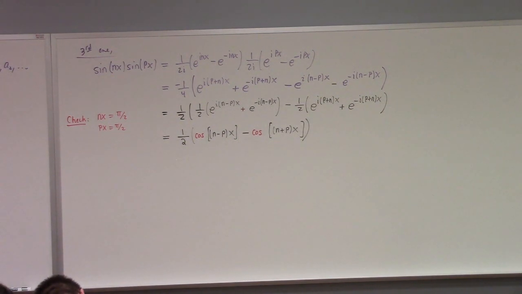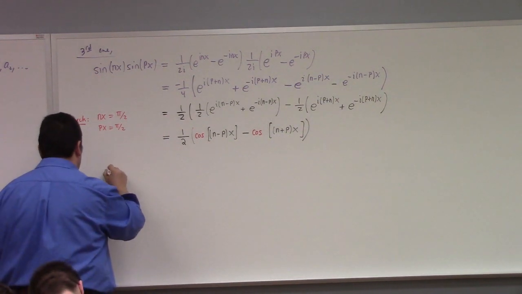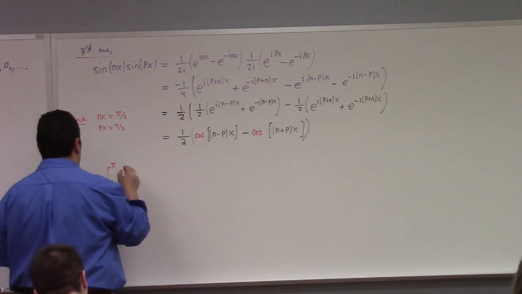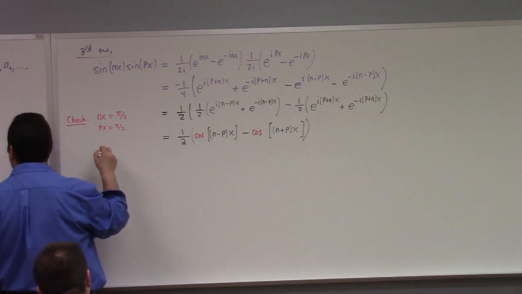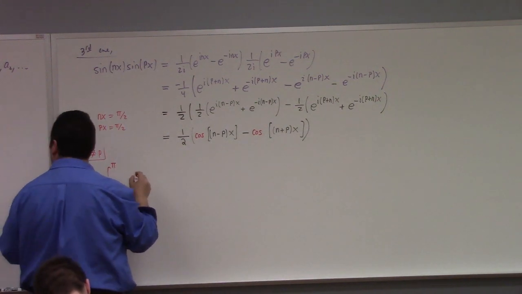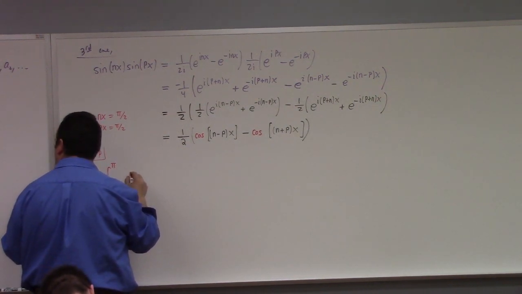Now let's do the integral. Integral from minus pi to pi. And let's assume that n is not equal to p for the sake of a step I'm about to make. n not equal to p.